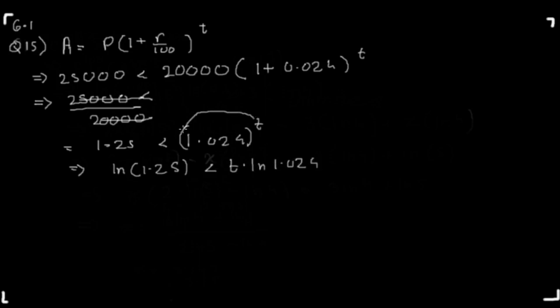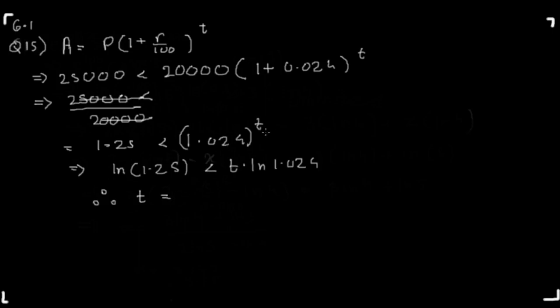Like I said, you move this here and then you find ln of this. Now, this may seem a bit weird, but since I'm solving for t, I'm gonna replace the inequality with an equal sign.